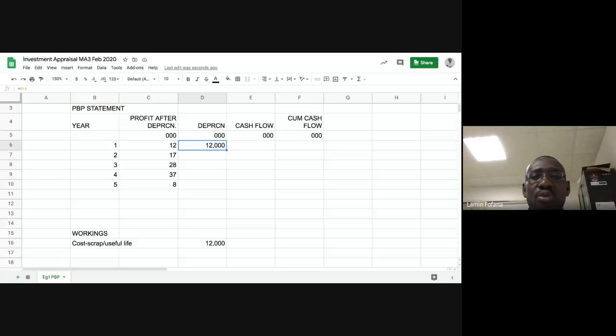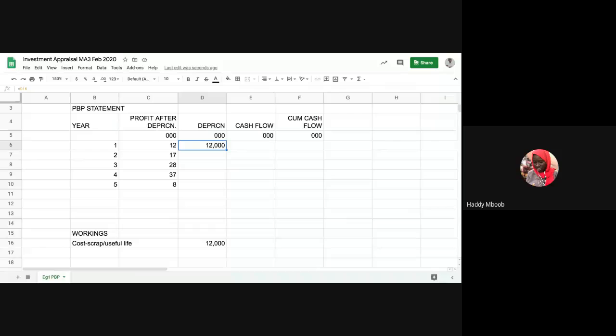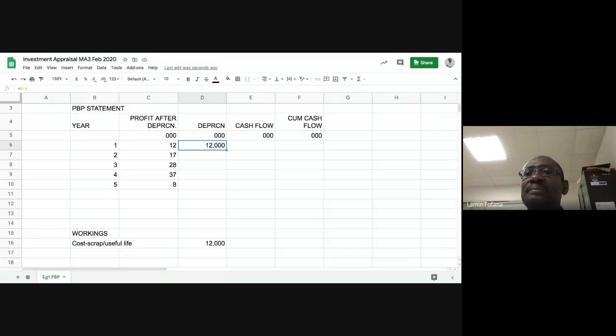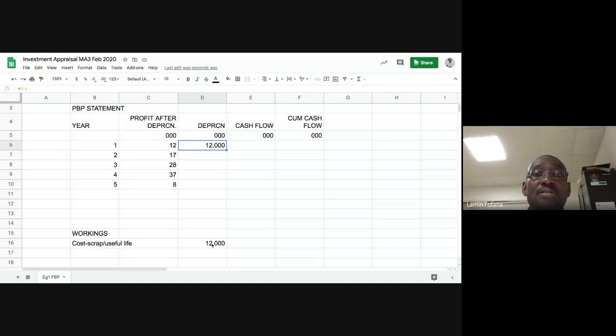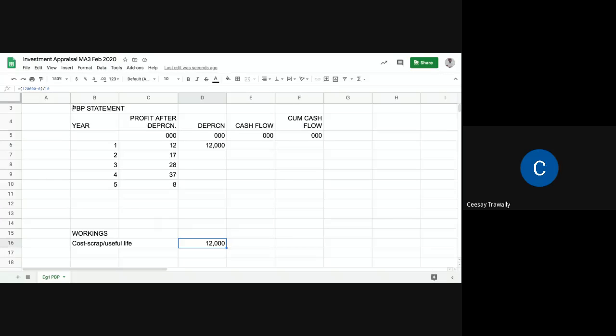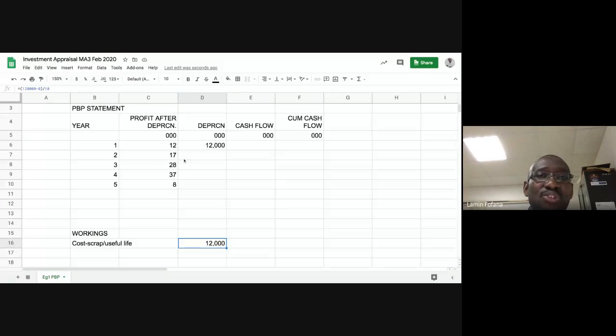Yes, Hadi. What do we do? If we equate to this, then how about the 1,000 that we already have in the first column? So what should we do? This is a good one.